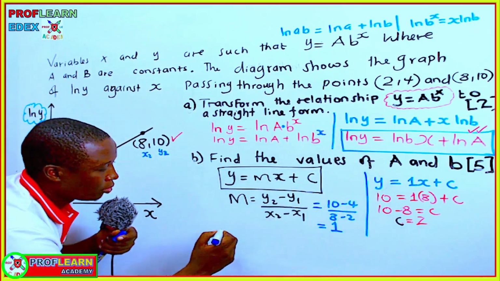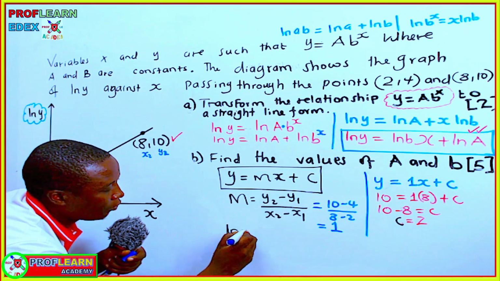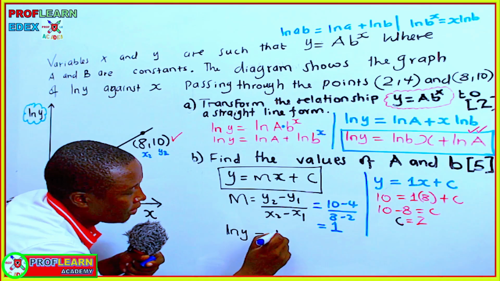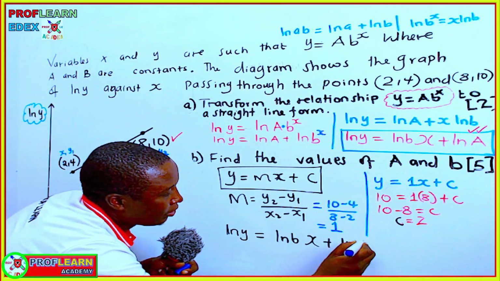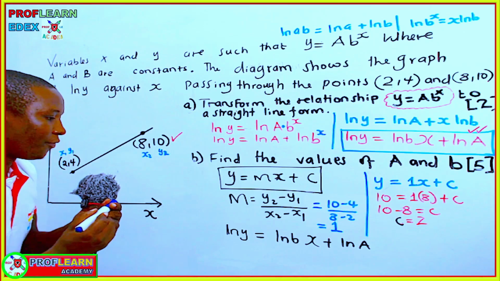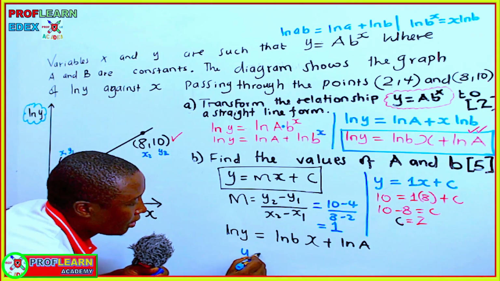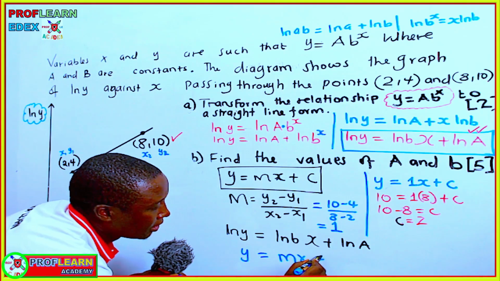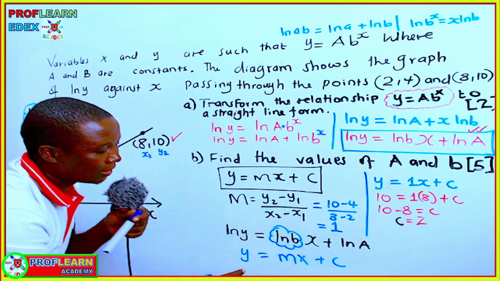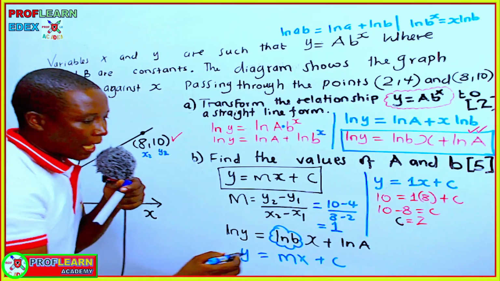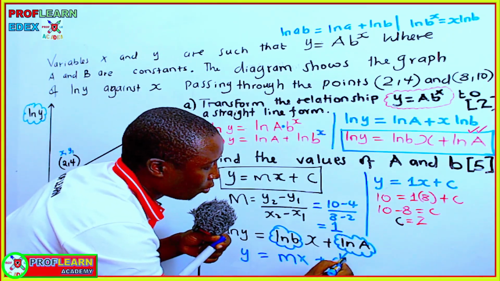Now, our equation is natural log of y equals ln of b times x plus ln of a. So if we compare it with the equation of a straight line, y equals mx plus c, then this one here is going to represent the gradient, and this part here is going to represent the y-intercept.